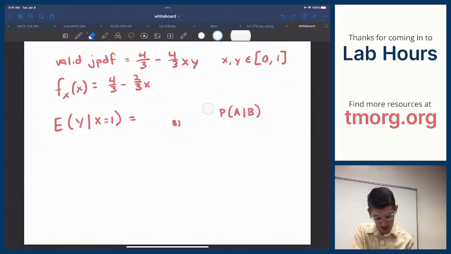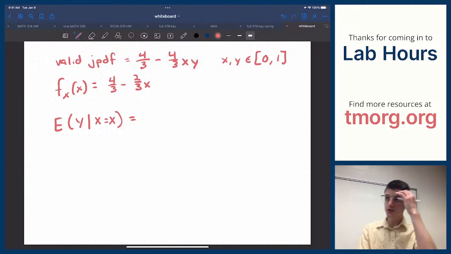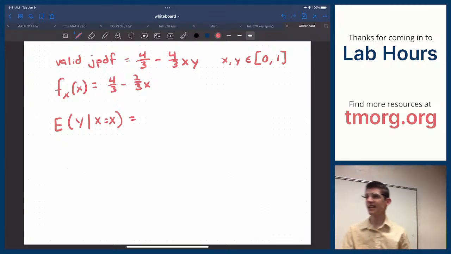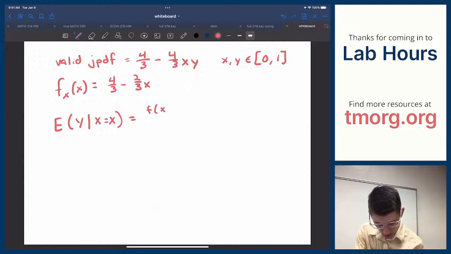In fact, let me point out to you, really quick, the generic form of the conditional PDF. The expected value of y, given that I set x to some random value that x could be set to, is equal to the probability, and let me make that x blue just to be explicit about it, that x is equal to some set value of x.